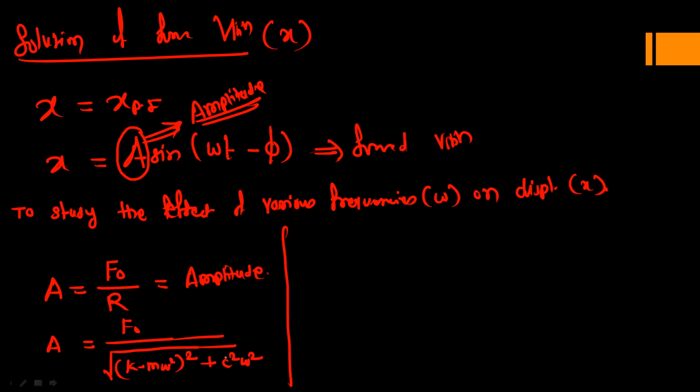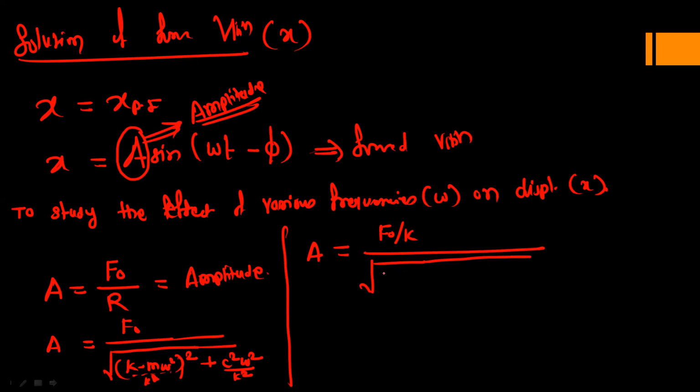From this equation, just divide the numerator and the denominator by the spring constant k. So we will get the equation A is equal to F0 upon k. If you take that k value inside the square root, it will become k square, and therefore we should divide by k square in the bracket, and this is also k square.